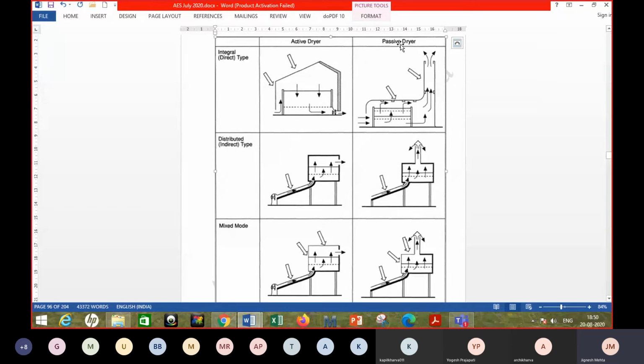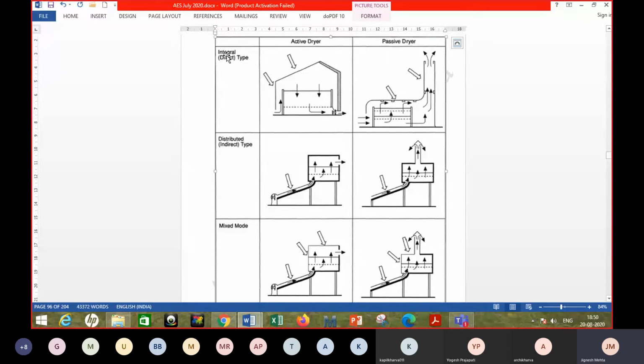Okay, and then a passive dryer doesn't use any type of fan. So generally they use a chimney for creating a draft, as you can see in all of these diagrams. Again, each of these categories can have a classification like integral type or direct type.